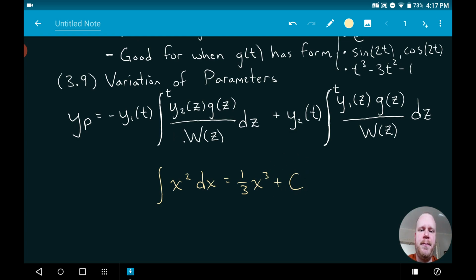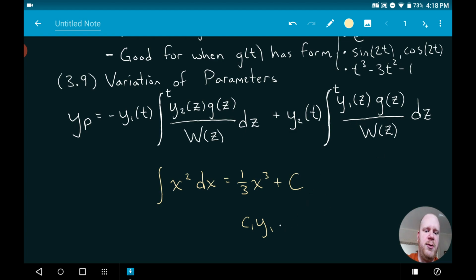In this case, when we're finding our particular solution, if we had a plus c here, I want you to think about what would happen with that constant. You'd have this antiderivative, and then you'd have a plus c on here, and that plus c would end up just getting multiplied by y1. So you'd end up with a c1, y1 type situation.